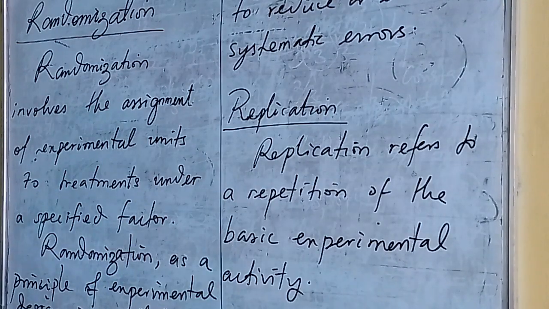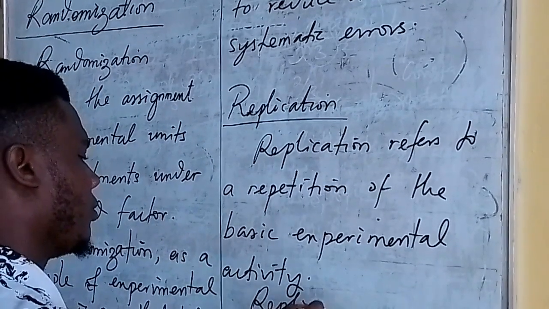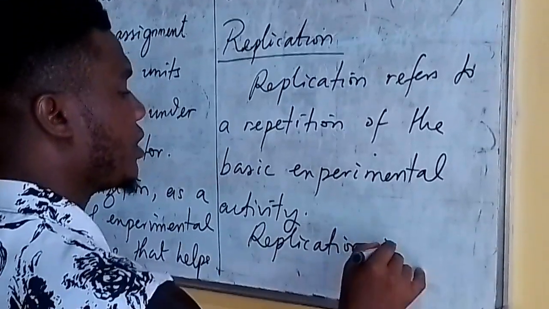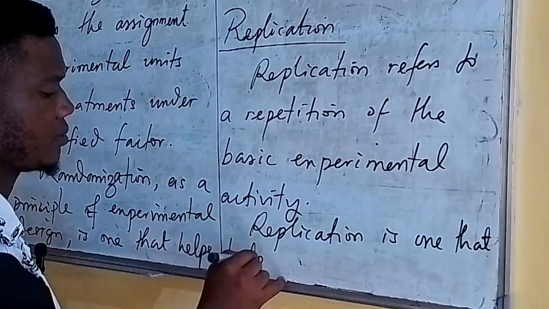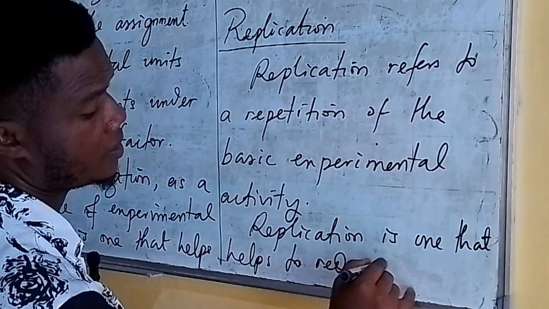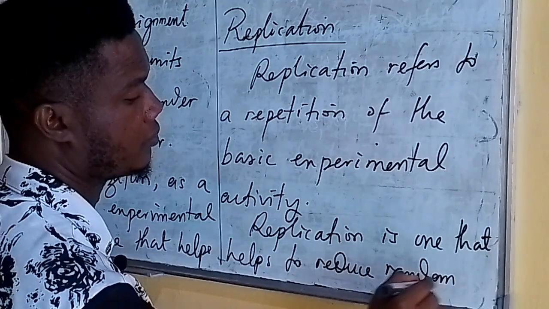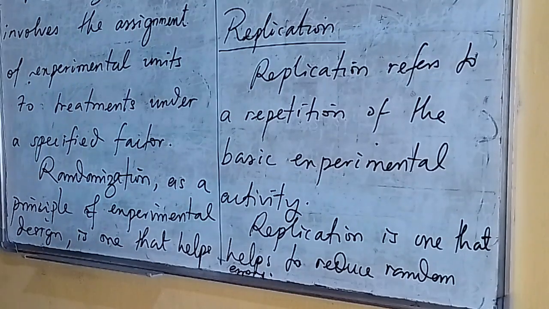Replication. Is it clear? So replication is one that helps to reduce random errors. It helps to reduce what?